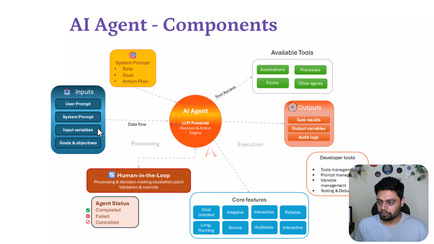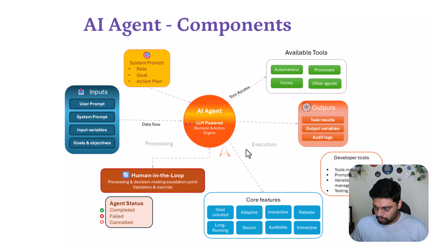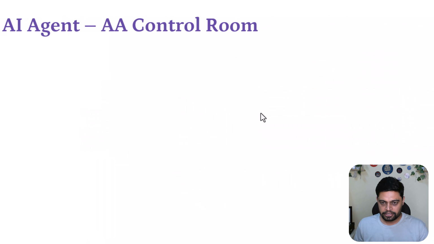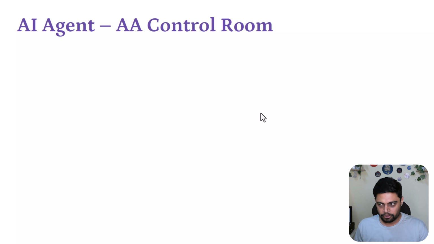We get the inputs in the form of a user prompt, system prompt, input variables, and goals and objectives. All those can be your input to an agent, and you can expect the output in a certain format. There can be output variables, audit logs, task results, and you can also tuck in a human in the loop if needed for your agentic automation. We will see all this in action, how you can build an AI agent using the Automation Anywhere control room.